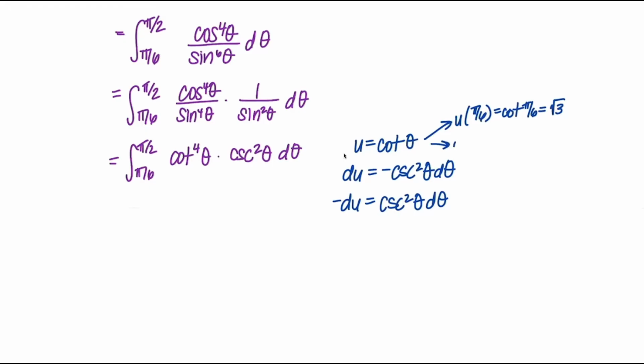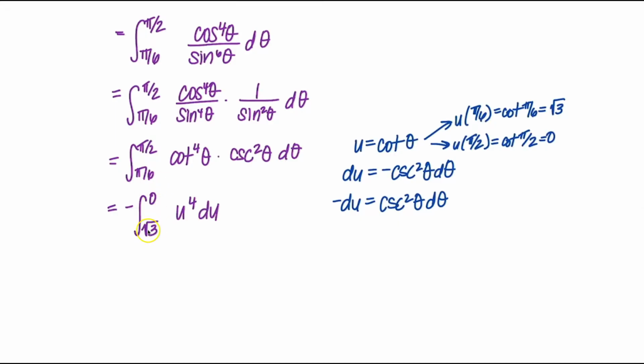And if I substitute in pi over 2, cotangent of pi over 2 is equal to 0. All right, so now what's going to happen? We have this negative, so I'm going to keep the negative on the outside. Pi over 6 corresponded to root 3. Pi over 2 corresponded to 0. And then I have u to the 4th du.